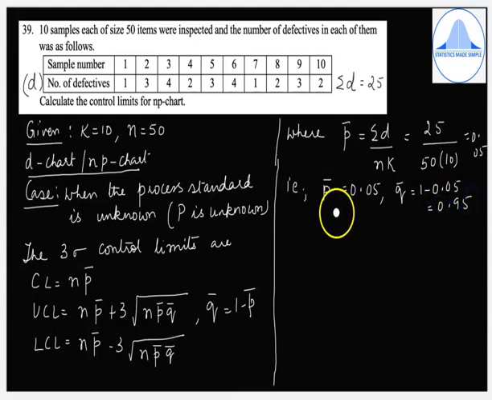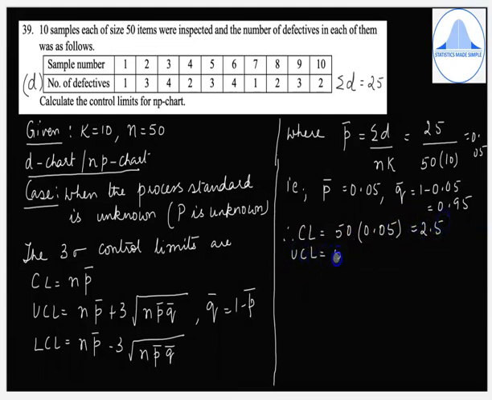So substituting, you get therefore CL is equal to 50 into 0.05, which is equal to 2.5.